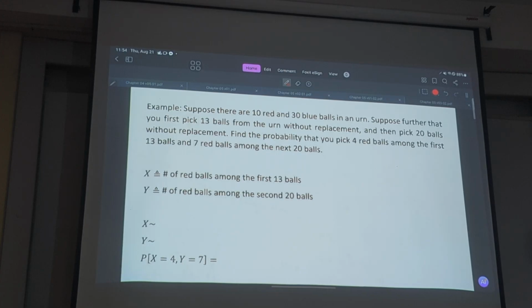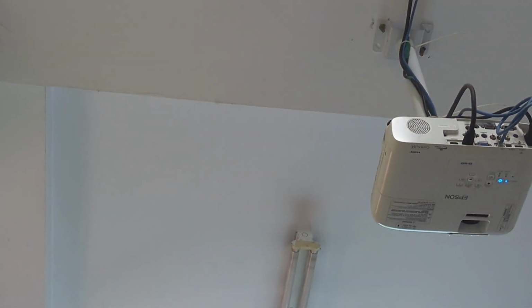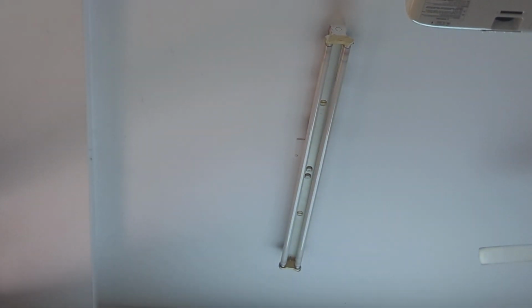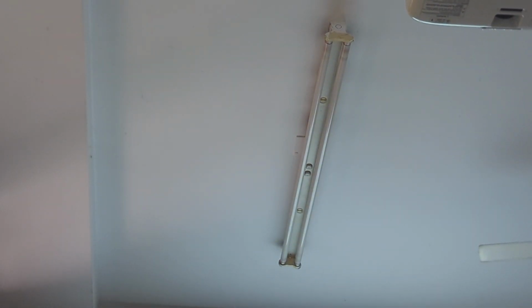Can we solve this problem? Suppose we have 40 balls in a box or urn. 10 balls are red, 30 balls are blue. We first pick 13 balls with replacement, and then after a pause, we pick 20 balls without replacement.